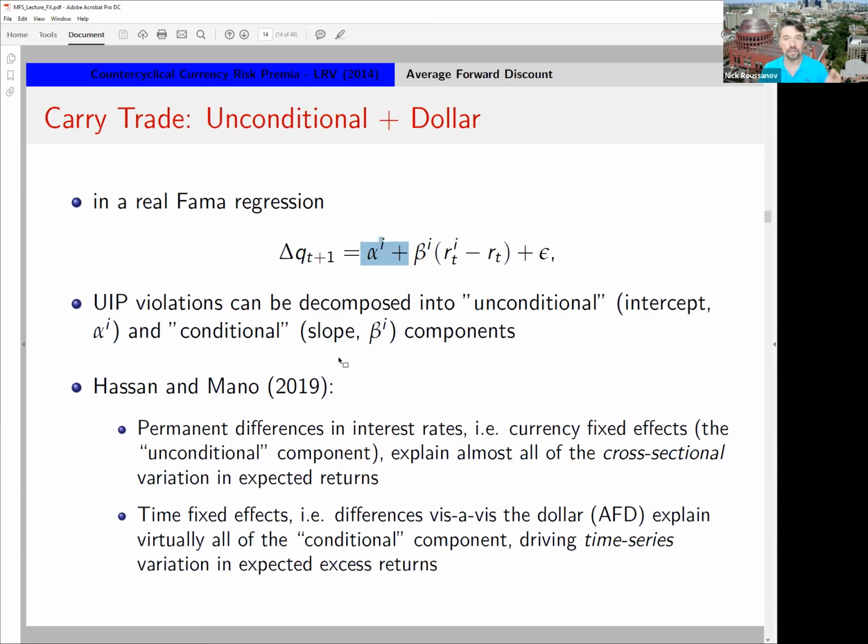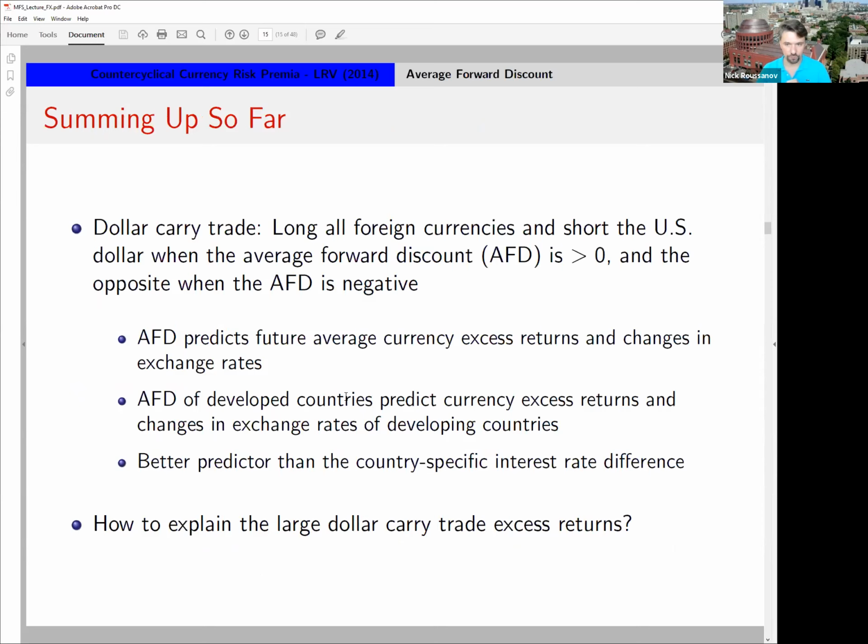And that seems to be enough to span the bulk, if not all, of the exchange rate predictability or the currency risk premia from the standpoint of the carry trade, how much of the interest rate differential translates into average returns.